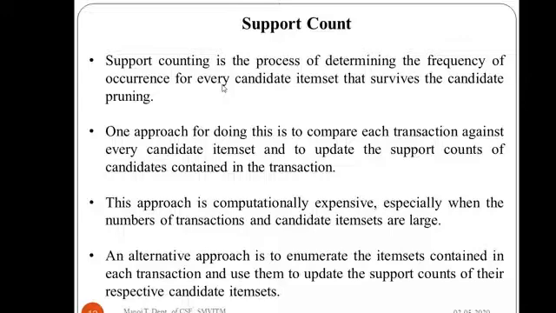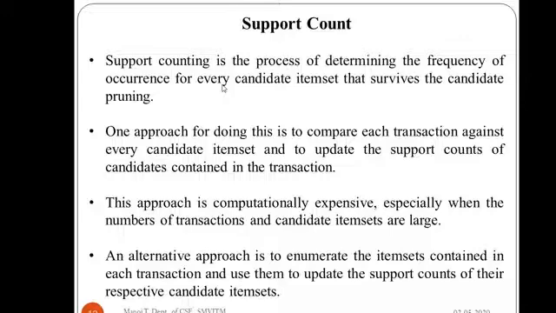So whichever candidate item sets survive the candidate pruning step and go forward to the next iteration, we should compute the frequency of those candidate item sets in the a priori frequent item set generation algorithm.